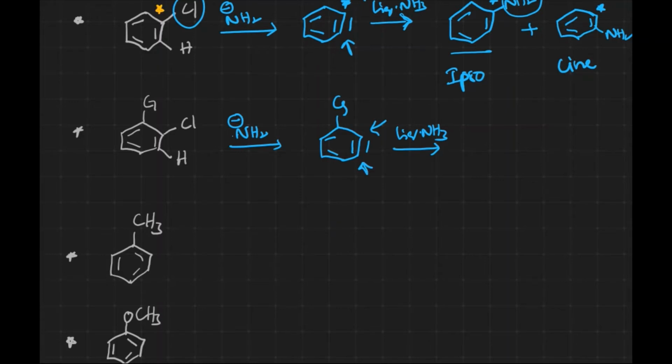Let me write both the products: ipso product plus cine product. This is ipso, this is cine.